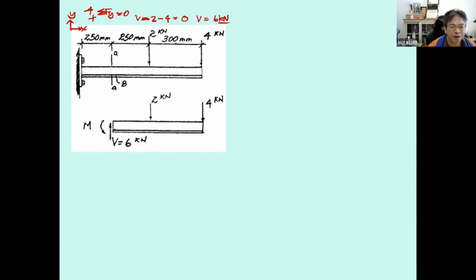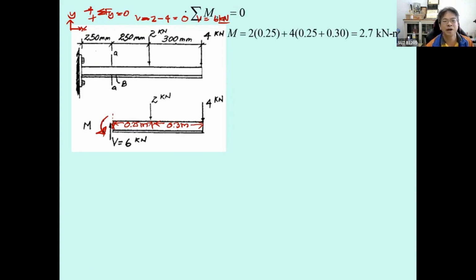And then you just take a moment over here. This is going to be 0.25 meter and this one is going to be 0.3 meter. Just put the distance into the free body diagram. When you take the moment, the summation of the moment in the counterclockwise direction is positive. So the M is positive in this way.